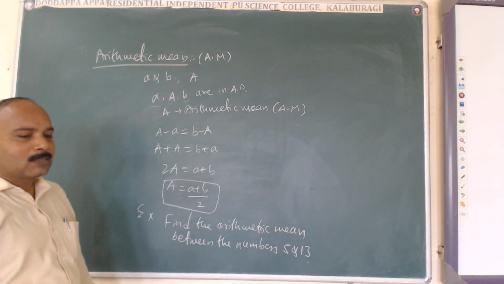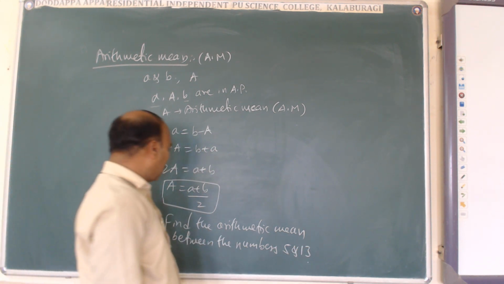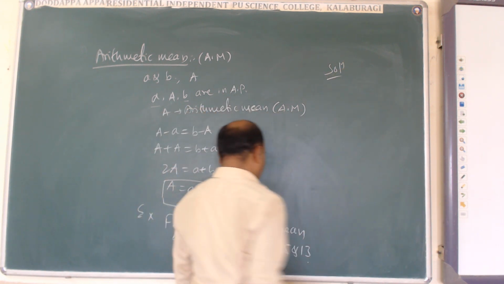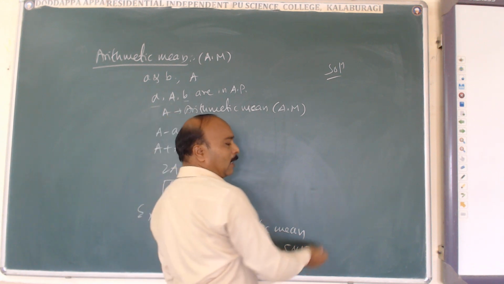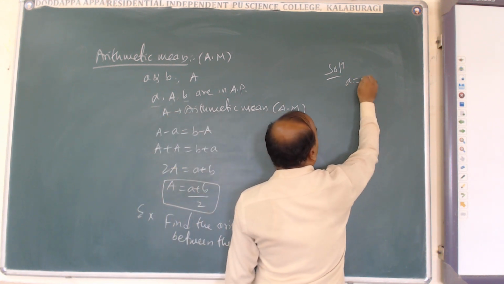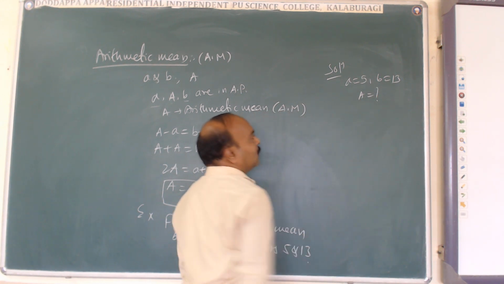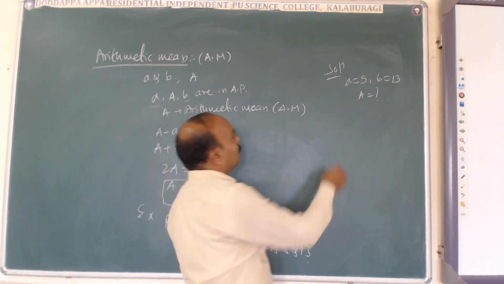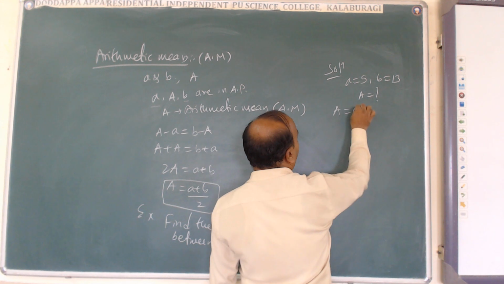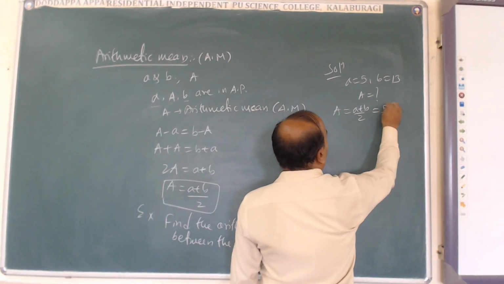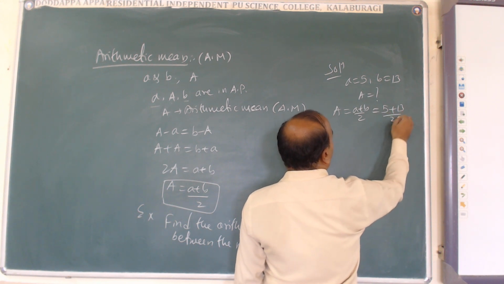Now here we observe that in this example they have given two integers, that is nothing but a and b. a equal to 5 given, b equal to 13 given. You ask what is the arithmetic mean A. So for that we go for that formula. A equal to the formula a plus b by 2. It is 5 plus 13 by 2.